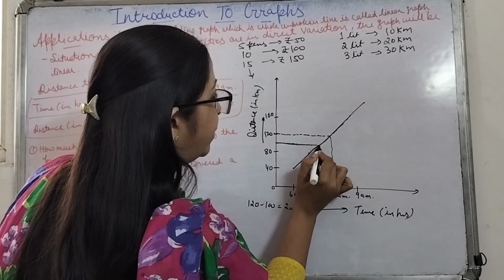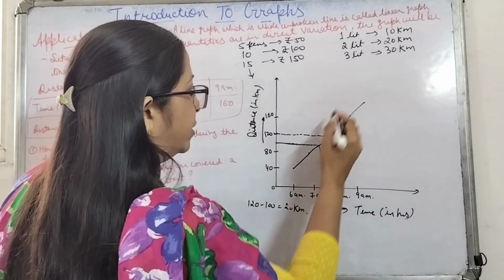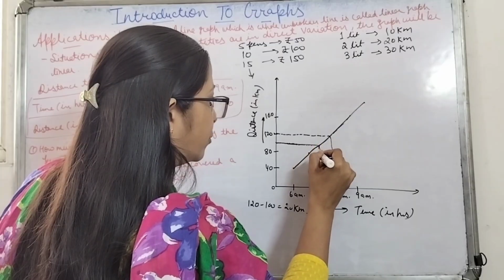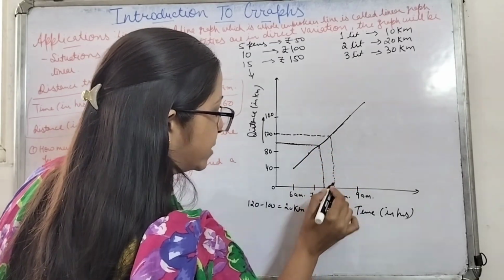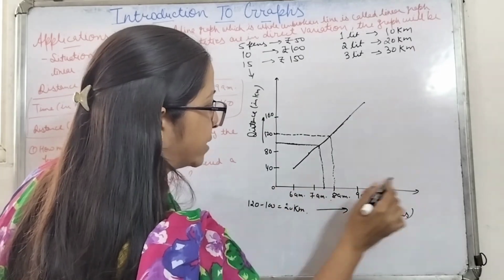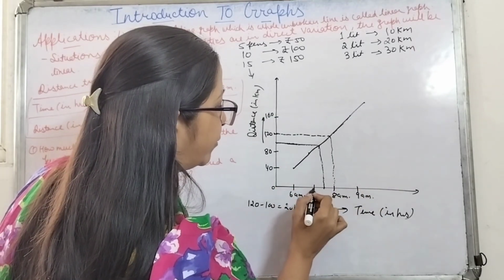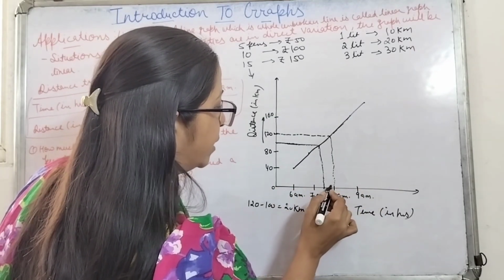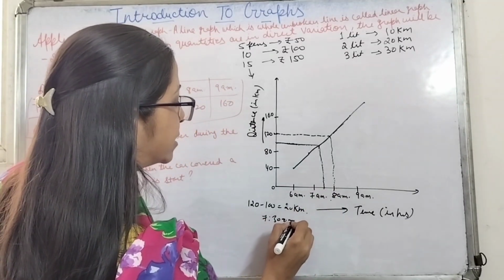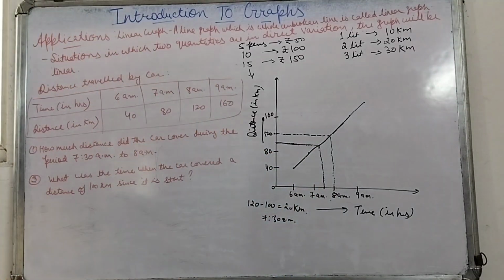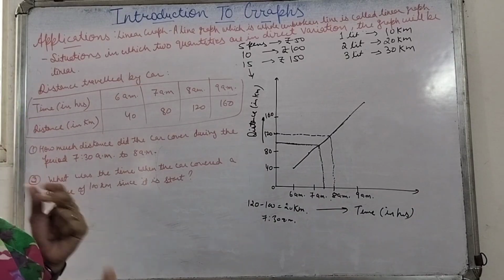The point where it intersects the linear graph, we make a vertical line from here. The point where it intersects the x-axis is exactly in between 7 and 8 a.m. So this point is 7:30 a.m. This is how, by making horizontal and vertical lines, we can find the answer.